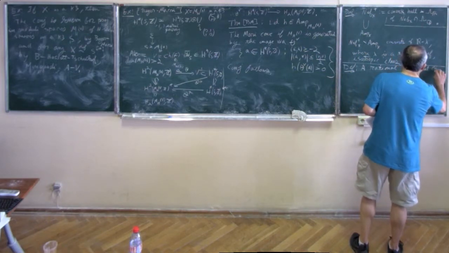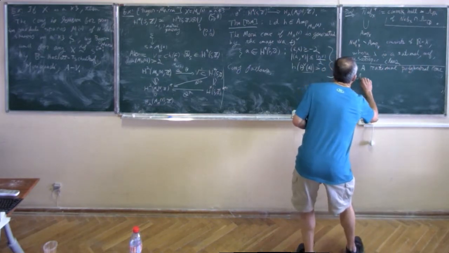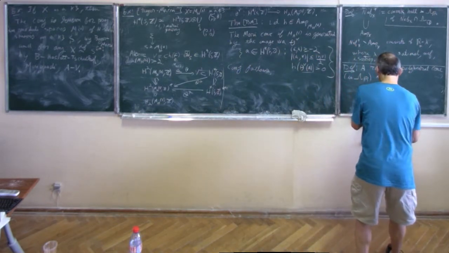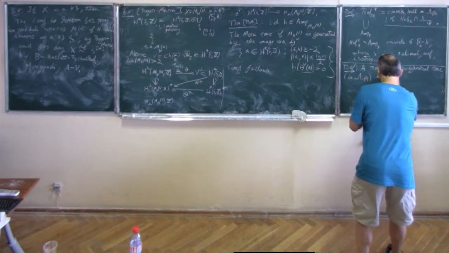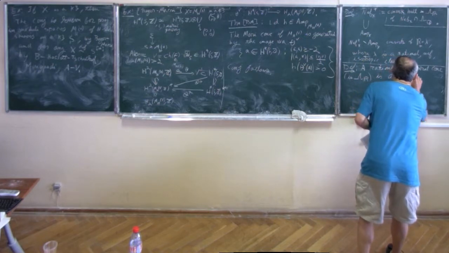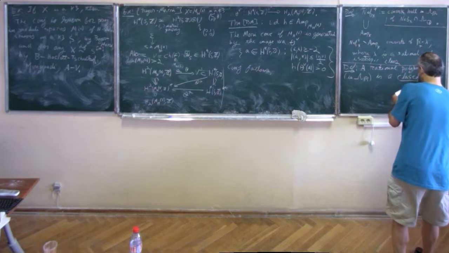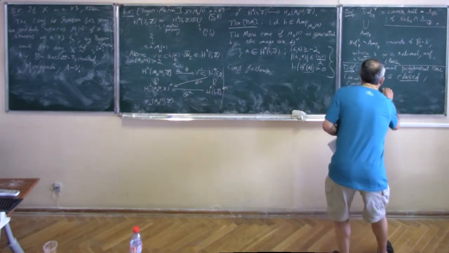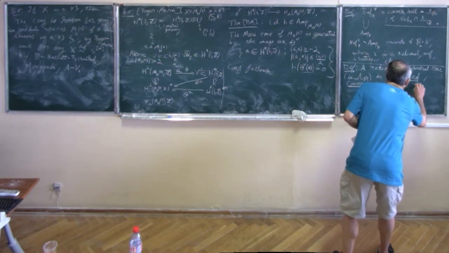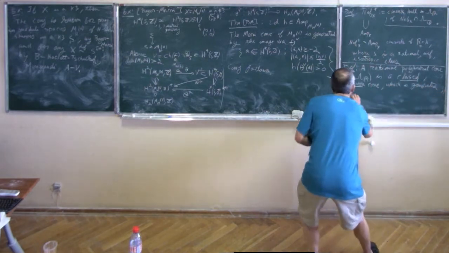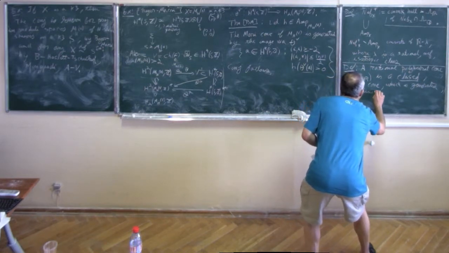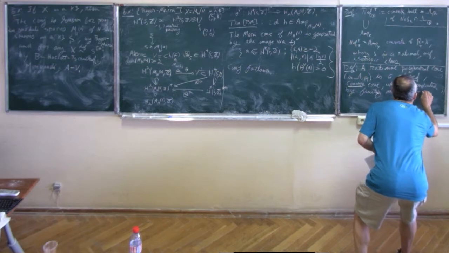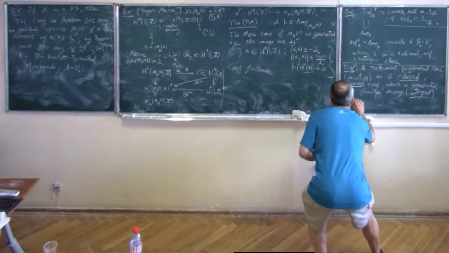So definition: a rational polyhedral cone in our vector space is a closed convex cone which is generated by finitely many integral classes.